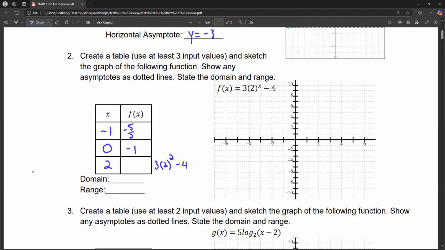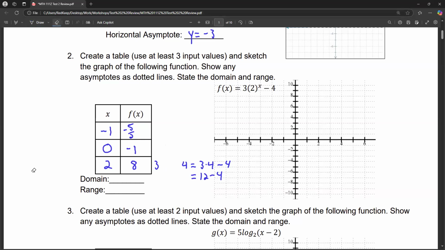It's just 2 times 2. And so we're going to get 4 as a result. So I'll go ahead and write that down. Okay, and then 3 times 4, we're going to go ahead and do the multiplication before we do that subtraction. 3 times 4 is equal to 12, and then we're subtracting 4. And if you do that, we'll get 8 as a result.